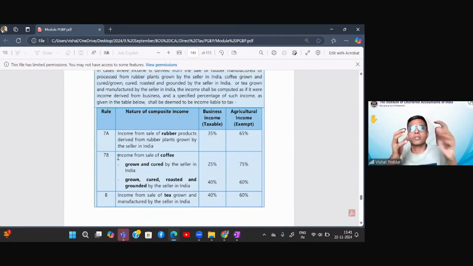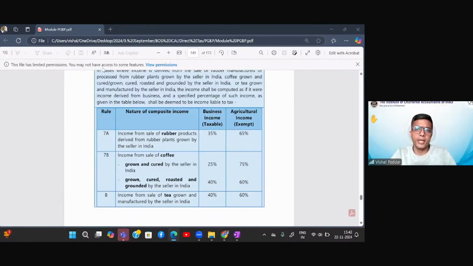So, your business is growing and manufacturing both. Like a simple example, Tata Tea. What is Tata Tea doing? Tata Tea has its own tea estates in Assam, in Kerala. So first step that Tata Tea is doing is it is growing the tea leaves.